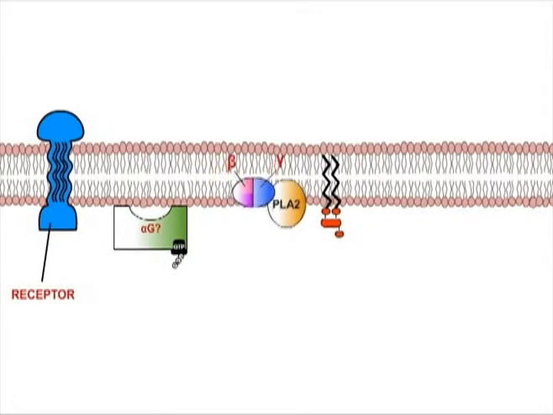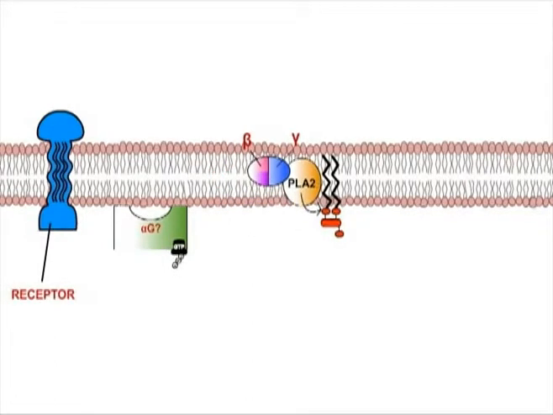Phospholipase A2 then acts on membrane phospholipids by cleaving the fatty acid on the carbon 2 of the glycerol backbone of the triacylglycerol. This phospholipase A2 mediated cleavage releases significant amounts of arachidonic acid, which is a secondary messenger.